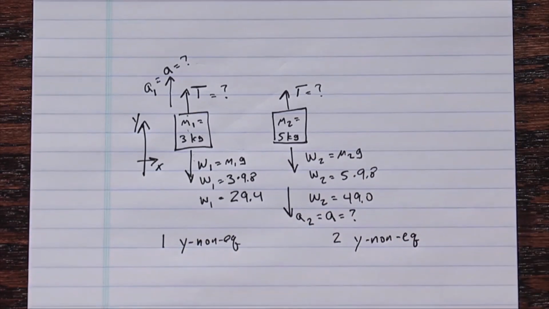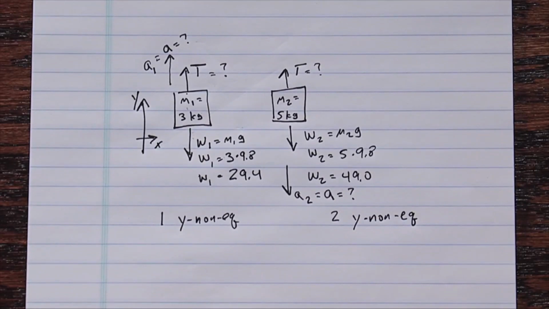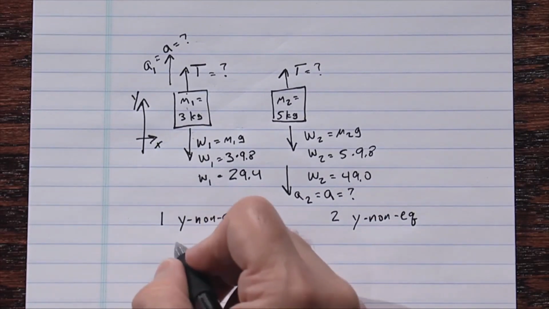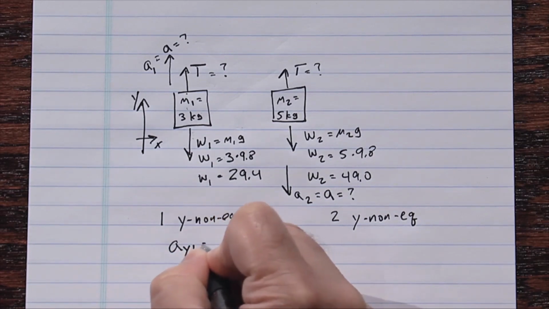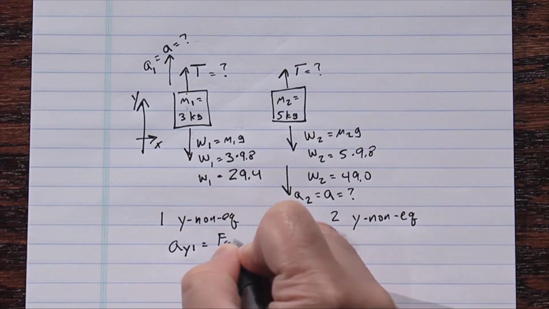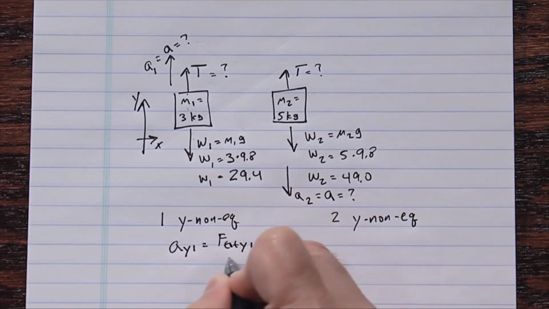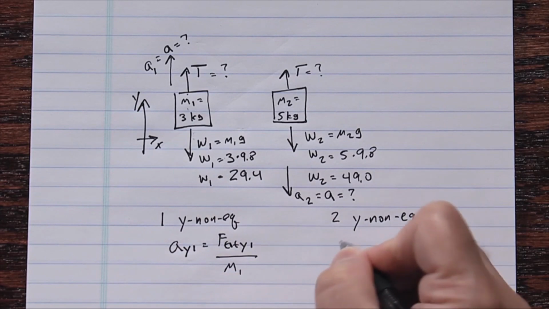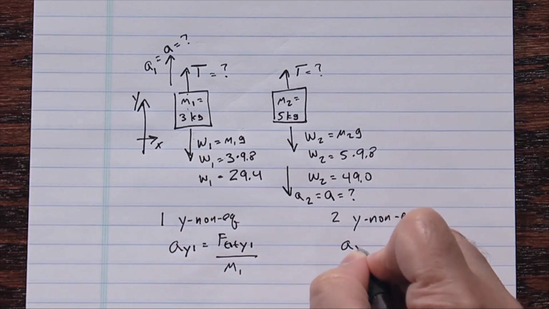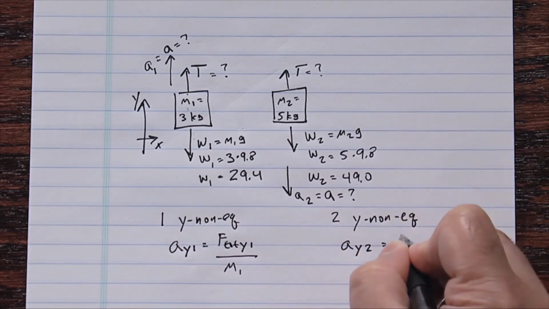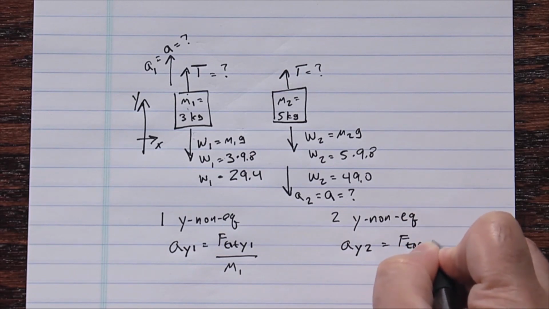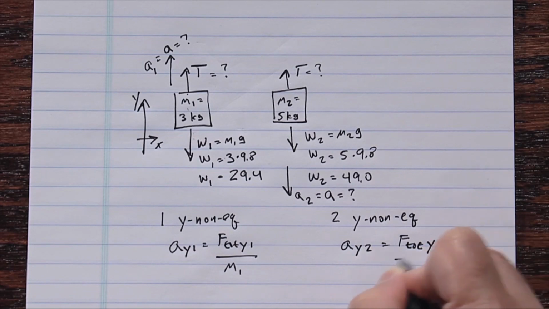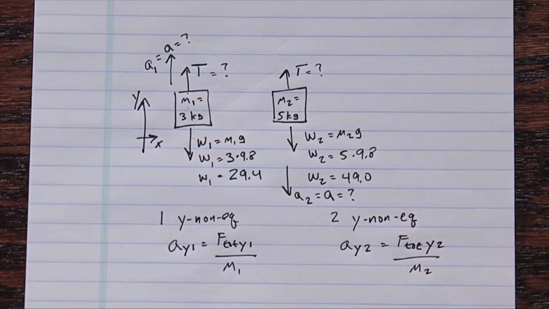We'll write out the same equation for both of them, but with subscript 1 and subscript 2 wherever appropriate. So the acceleration in the Y direction of block 1 is equal to the total force in the Y direction on block 1 divided by mass 1, and acceleration Y2 is equal to the total force in the Y direction on block 2 divided by mass 2.